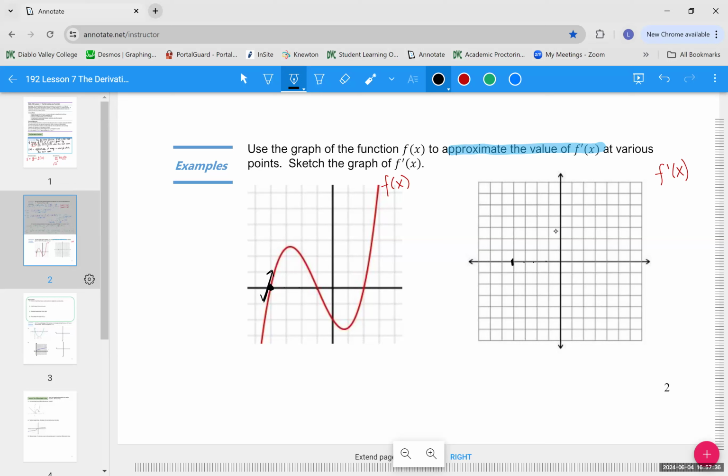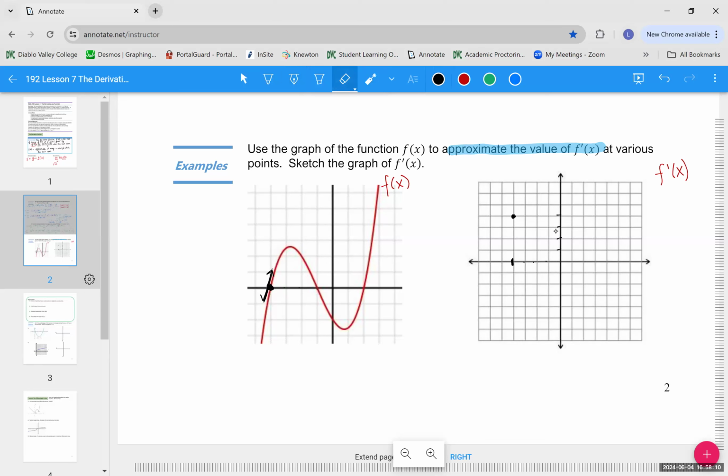Of course, we're just eyeballing it. If we drew it a little bit more, you might be able to see an actual rise over run. It's positive, it's uphill, and it's pretty steep. So maybe its slope is about 4. Could be. So that means over here on the derivative, when x equals negative 4, the derivative value will be 4-ish. We're just approximating.